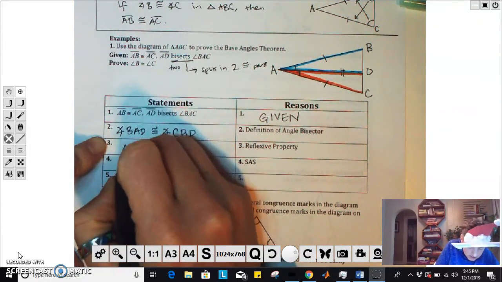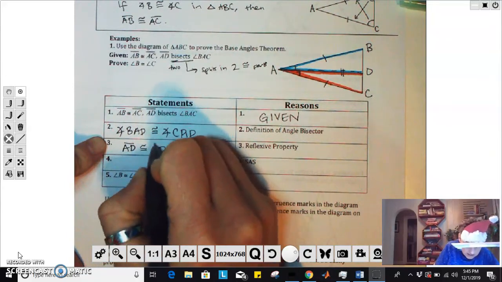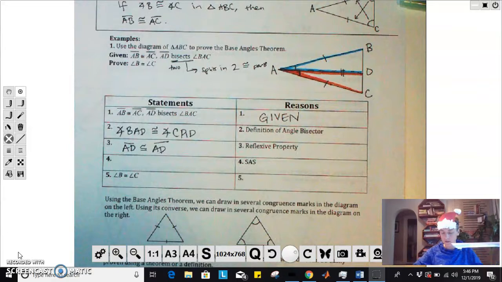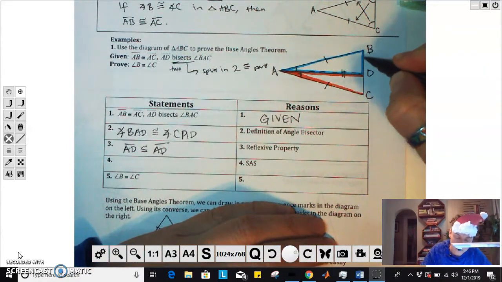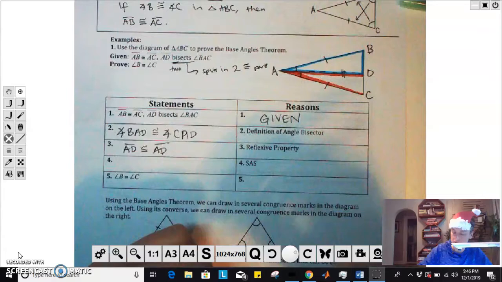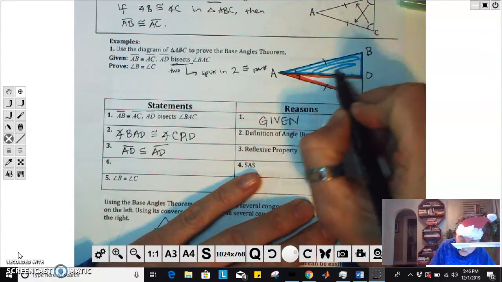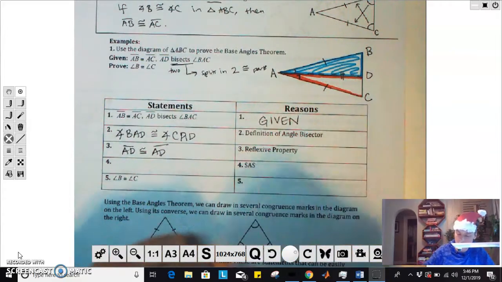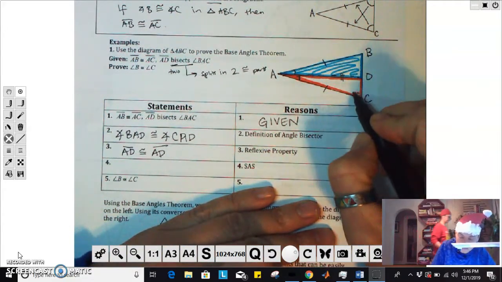So that means segment AD is congruent to segment AD. And then we really have congruent triangles, man. This whole blue triangle, straight up congruent to the red triangle. It's not just those angles that are congruent, it's the whole dang triangle.